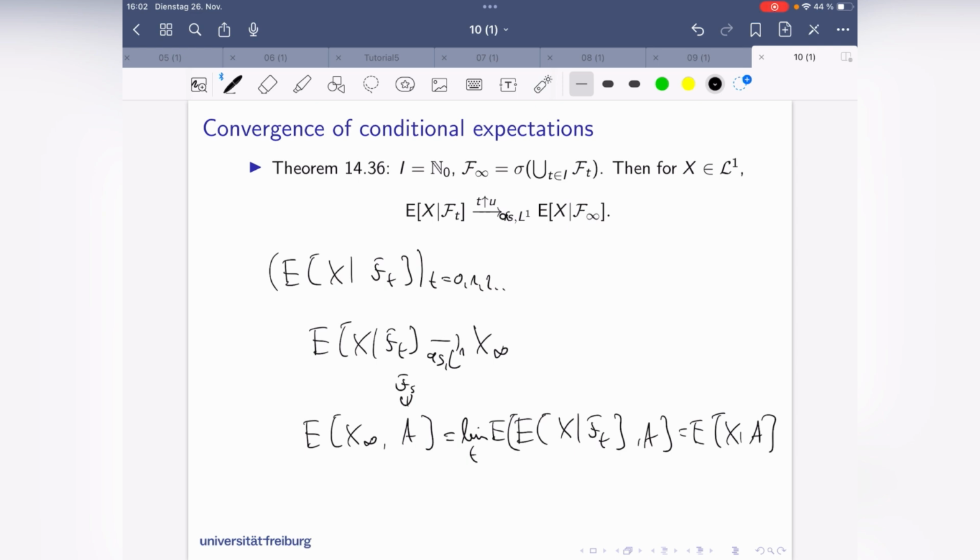So I have this thing here, and now I can let s go to infinity. When I let s go to infinity, I can take this A also from F infinity, and then x infinity here.